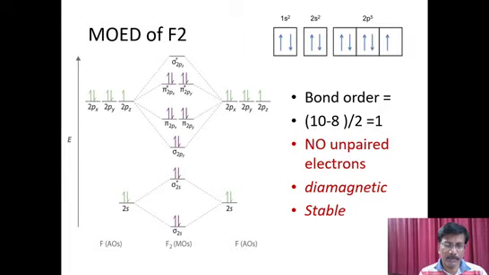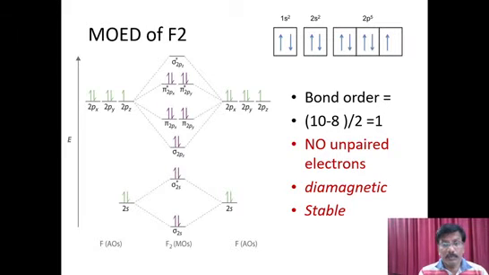Out of 6 atomic orbitals, we get 3 bonding orbitals, called sigma 2p, pi 2p, pi 2p, and again 3 anti-bonding orbitals, pi star, pi star, sigma star. The total number of electrons is 10. First these 3 bonding orbitals are completely filled, and in the anti-bonding pi star, 4 electrons are completely filled. Therefore sigma star is empty. We don't have any electron in sigma star.